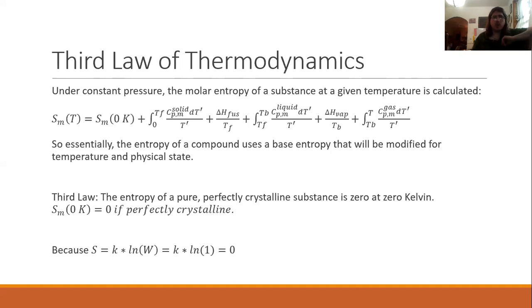Essentially, if there's only one quantum state, meaning perfectly crystalline, and there's no other motions, then natural log of 1 is 0. And so the entropy is always 0 for a perfectly crystalline solid at 0 degrees Kelvin.